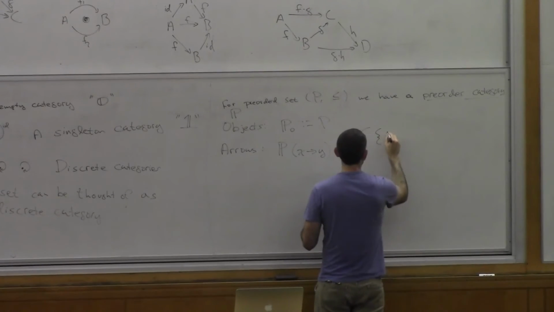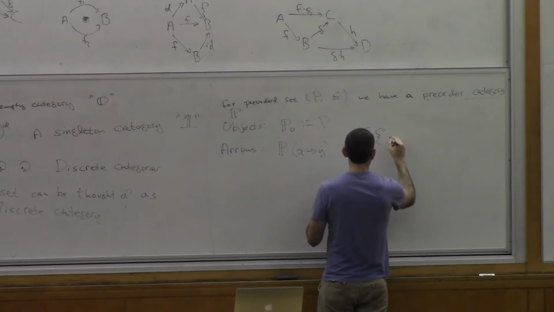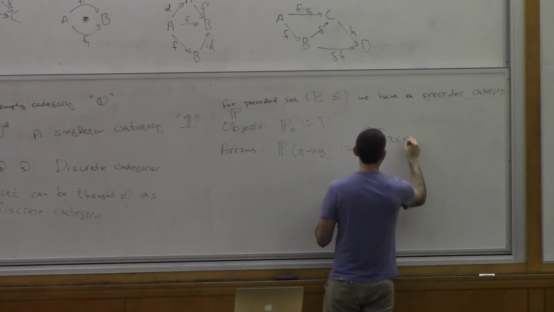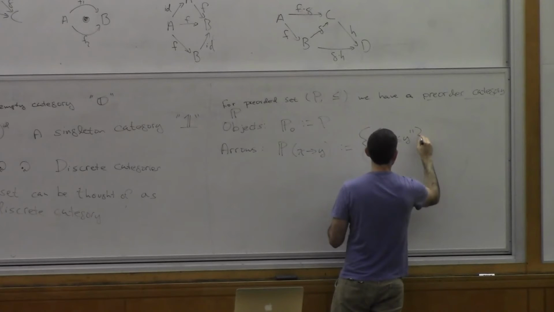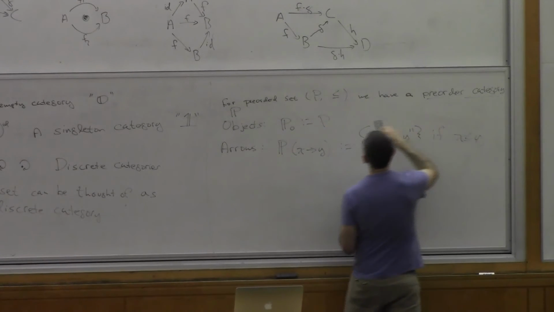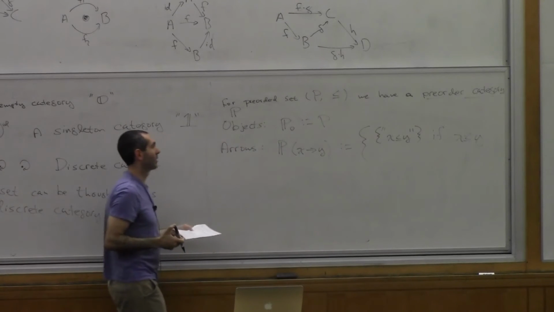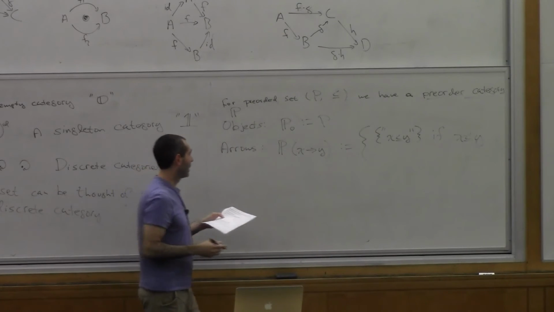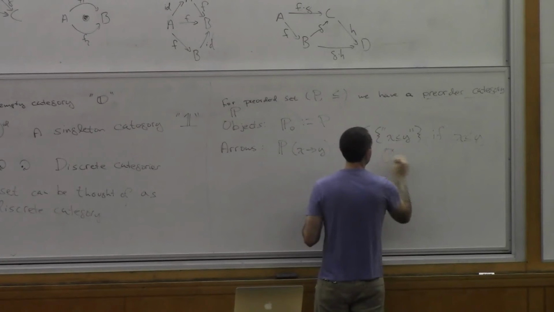Either a singleton set, whose element we'll call x is less than or equal to y, if indeed x is less than or equal to y according to the relation on the preorder, and empty otherwise.